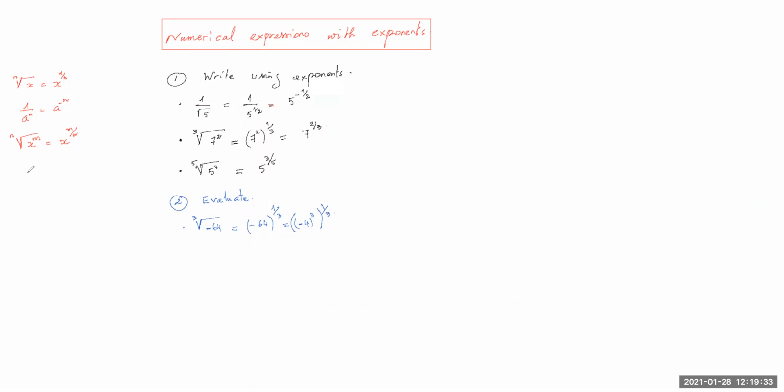Here I can remind you of the formula: the nth root of x power n is x if n is odd, and it's the absolute value of x if n is even.